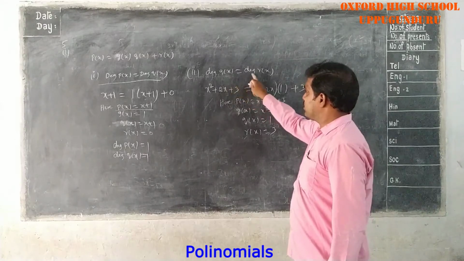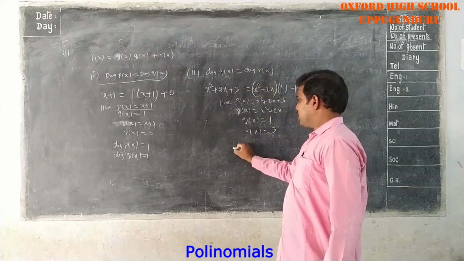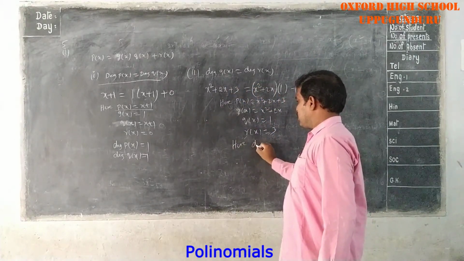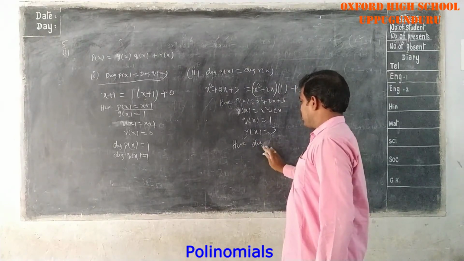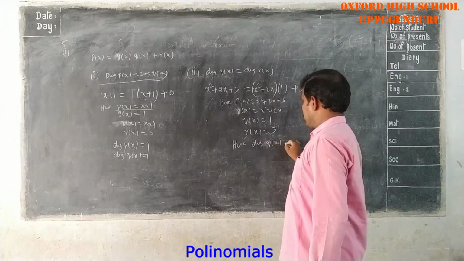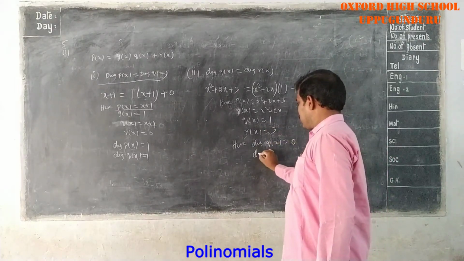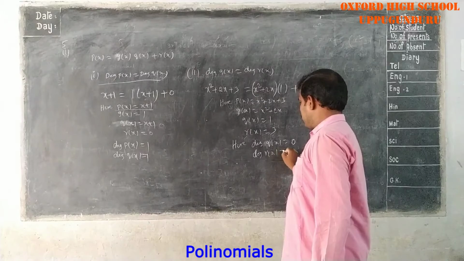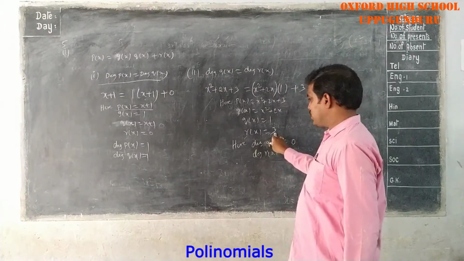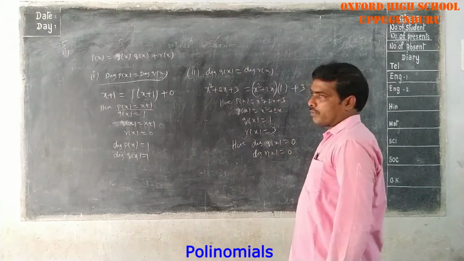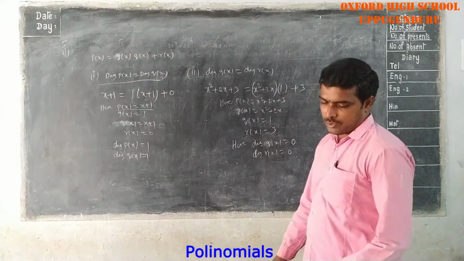Degree of q of x equal to degree of r of x. Here, q of x is 1, the degree of a constant polynomial is 0. r of x equal to 3, constant polynomial, degree is 0. Both are equal or not? In this way, you can write this example.